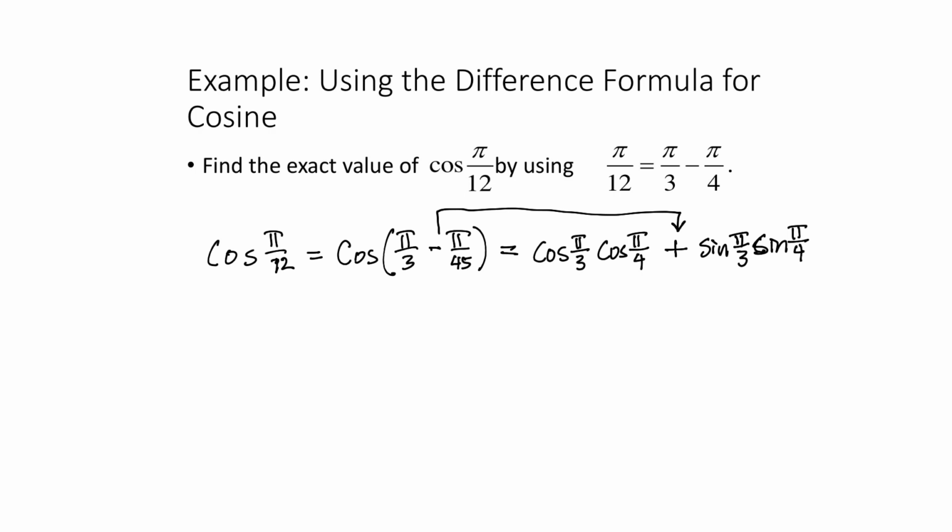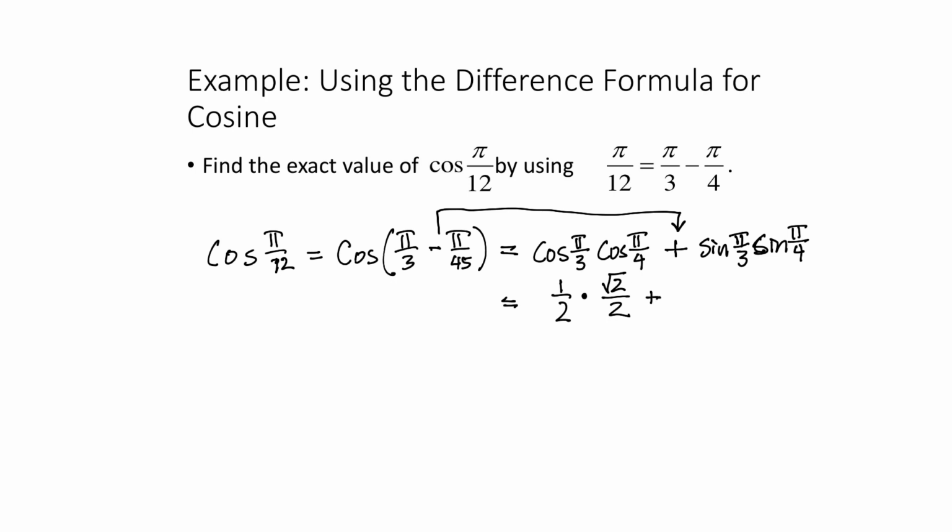And now this is just simply a matter of using our special values. Cosine of pi over 3, or 60, is 1/2. So this gives me 1/2 times root 2 over 2, which is the cosine of pi over 4.